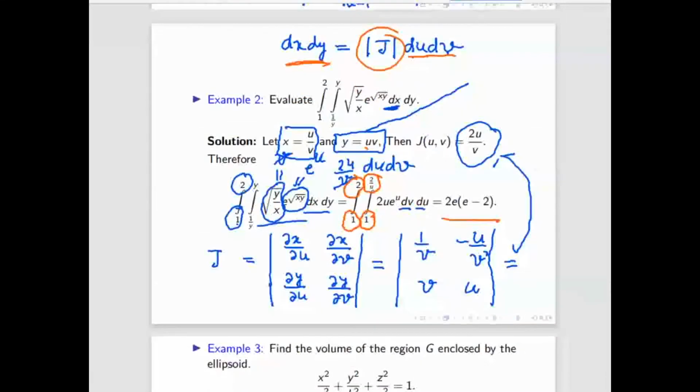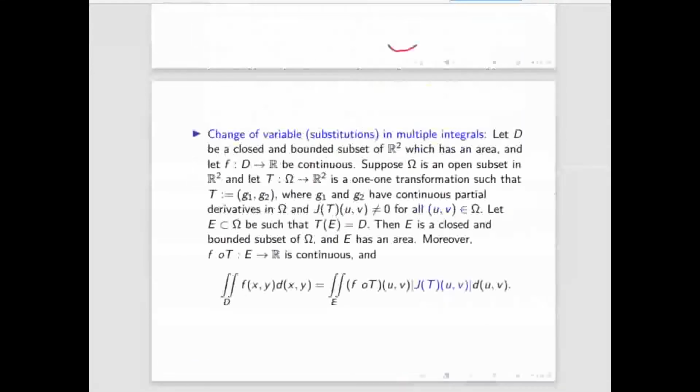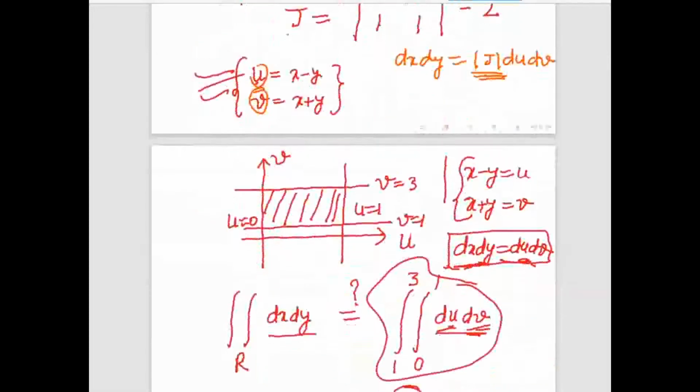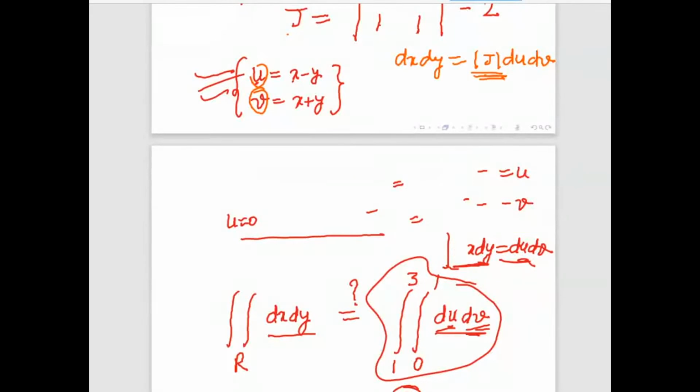Here also x is a function of uv, y is also a function of uv, so we will multiply, but here things are written in reverse. Here x is not a function of uv, here u is a function of xy. So if you want to write like this, there are two ways. One is to find the Jacobian and do 1 by, or you can find x and y and then find the Jacobian. So I will do both ways.